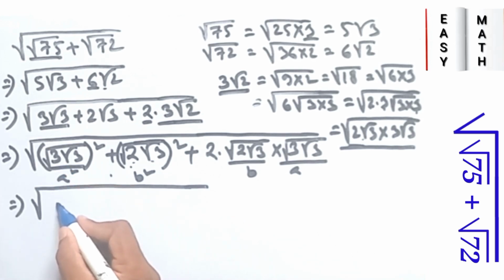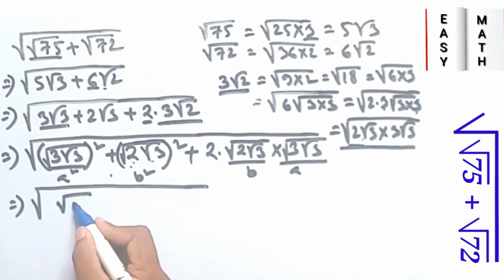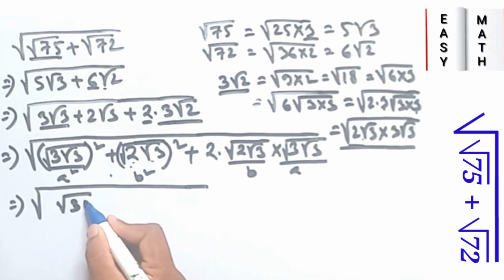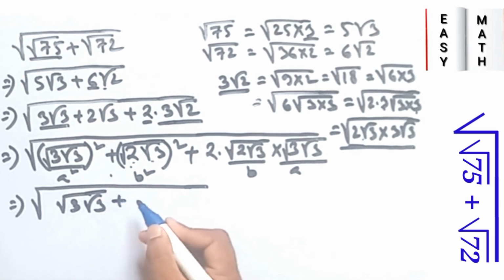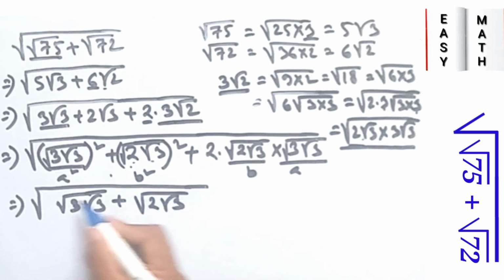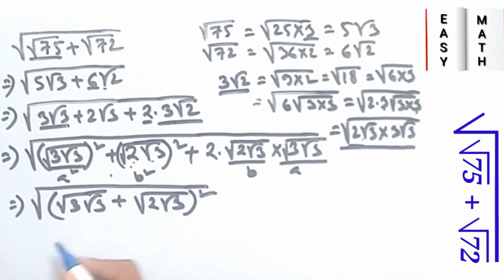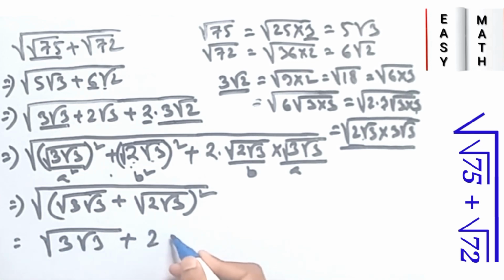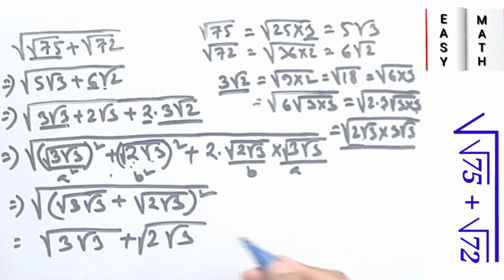So we can write 3 root 3 plus 2 root 3, this is the square, and this square is cancelled by the root. So we can write 3 root 3 plus 2 root 3, under the root.